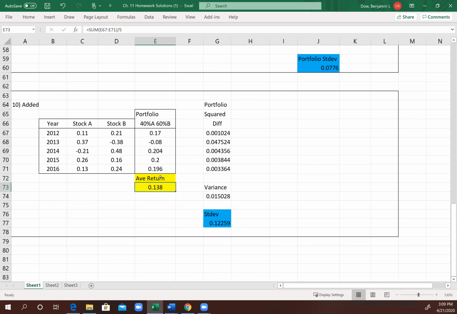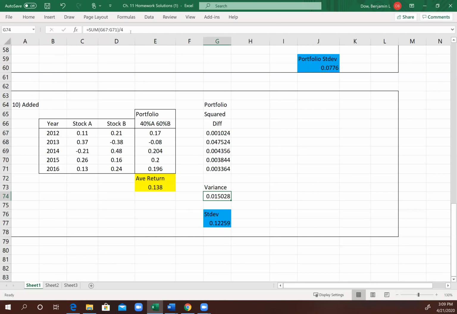Now I look at the squared difference between the year 2012 and the average. So 0.17 minus 0.138. I take that difference and I square it. I do the same thing for 2013, 2014, 2015, 2016.